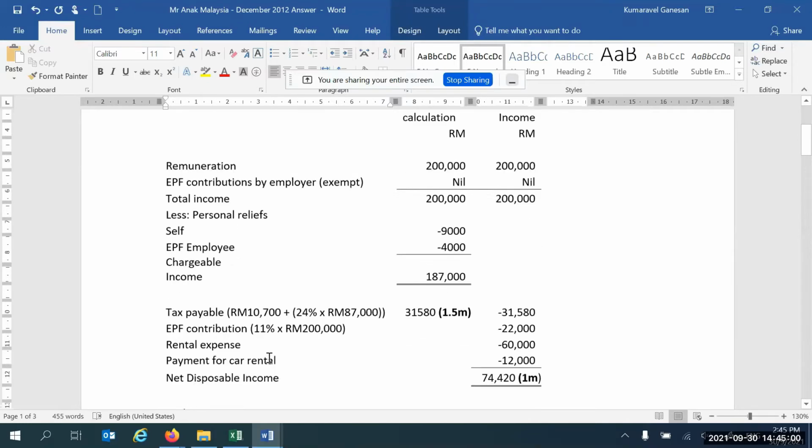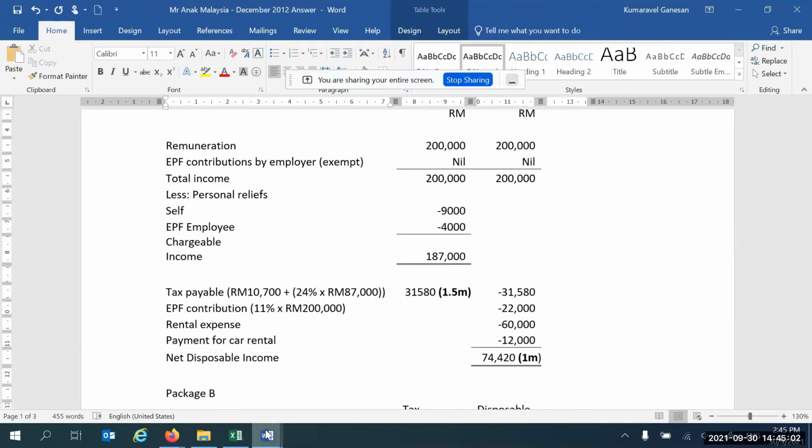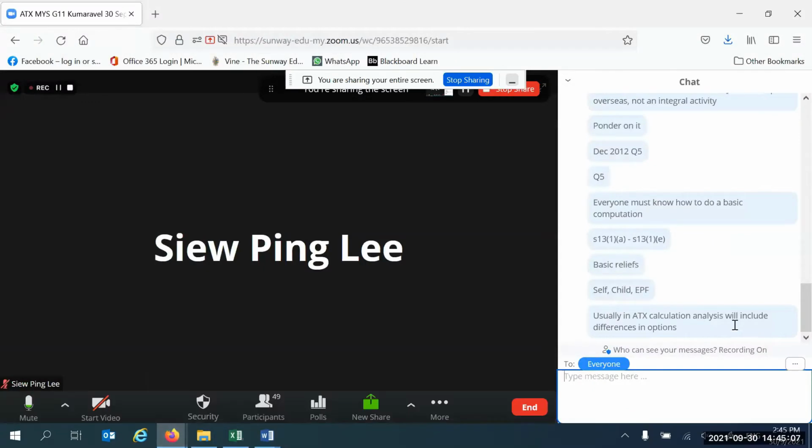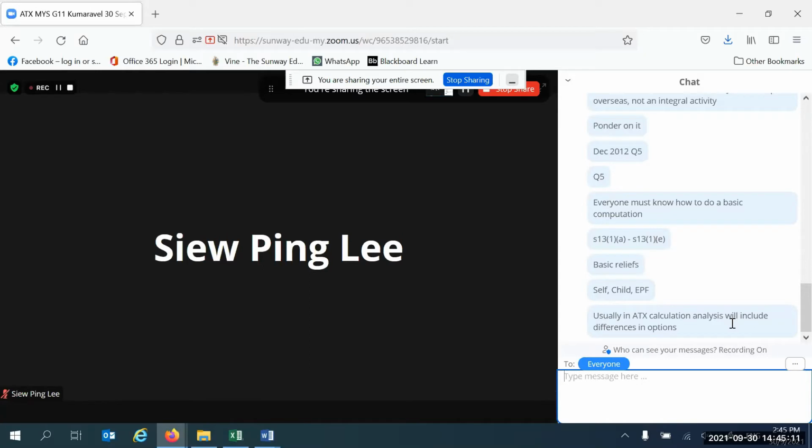No, don't need to explain that. You just need to explain the differences, right? Usually in ATX calculation analysis, you just need to explain the differences. Okay, you need to explain the differences.